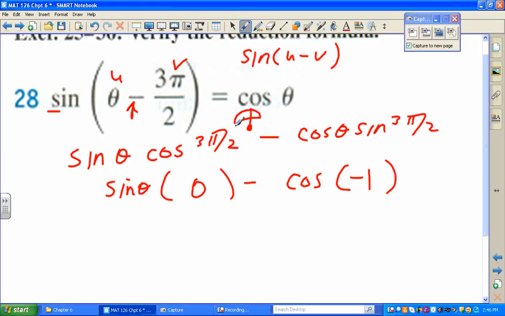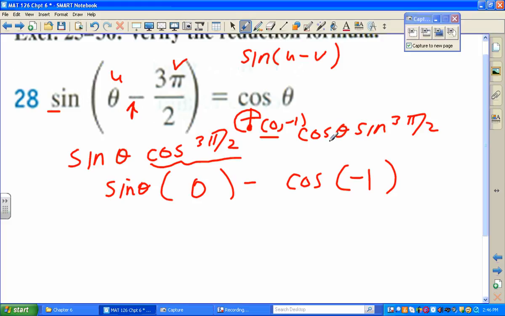You don't know how 3 pi over 2 works on the unit circle? No, I just don't know how we got from sine, cosine, minus cosine, sine, all the way down to sine minus cosine. It's your identity. Oh, this one. That is a number. We'll plug it in. Since sine's theta, if cosine was theta, you get sine, and vice versa.